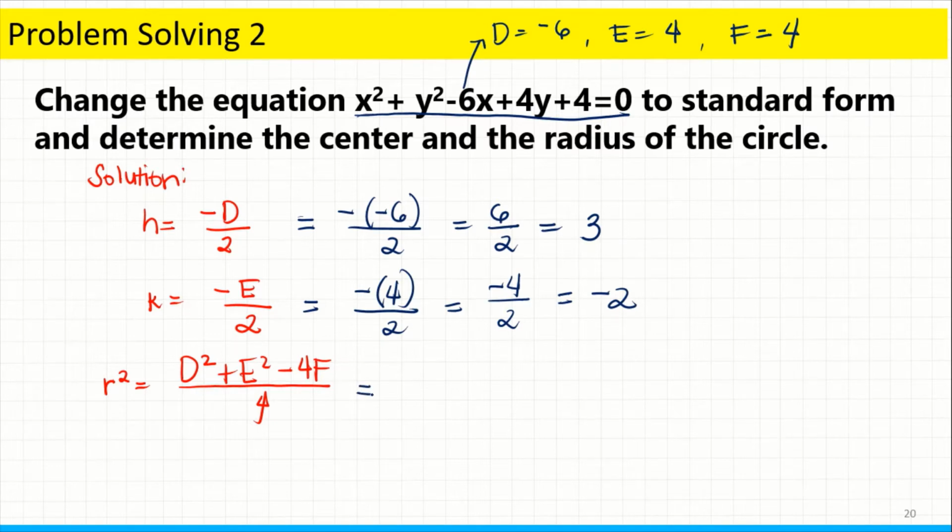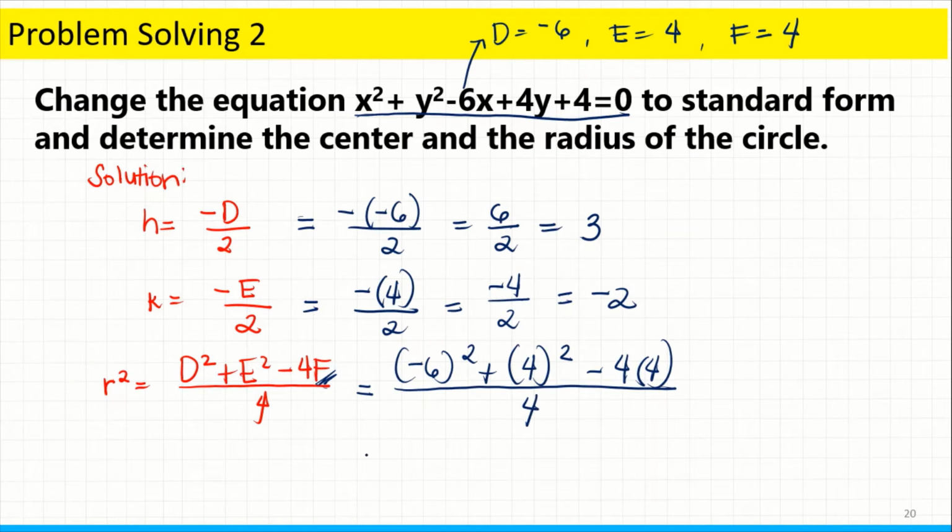And then for the r squared, D again is negative 6. So negative 6 squared plus 4 squared minus 4 times, the value of F here is 4, and then all over 4. So negative 6 squared is equal to 36 plus 4 squared equals 16 minus 4 times 4 equals 16, all over 4.